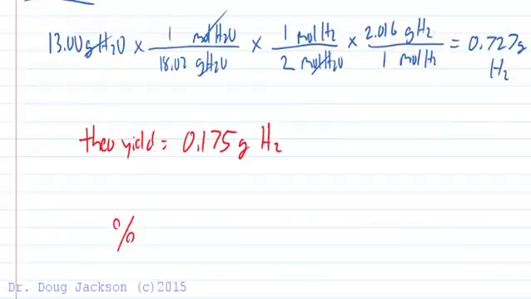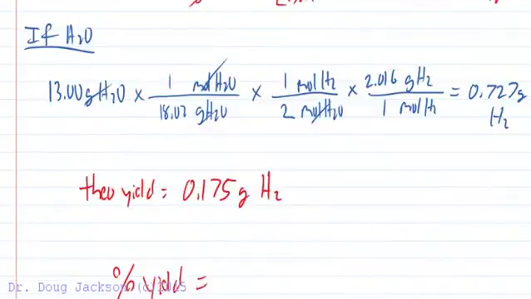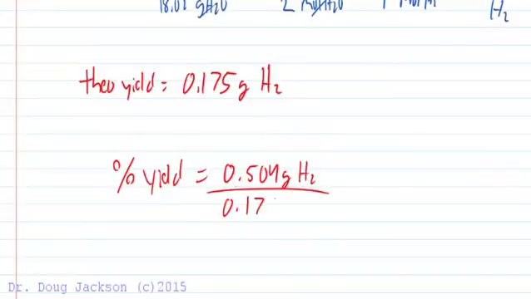And so if we finish the problem and calculate our percent yield, we want actual yield, which is 0.504, divided by the theoretical yield, 0.175 grams.